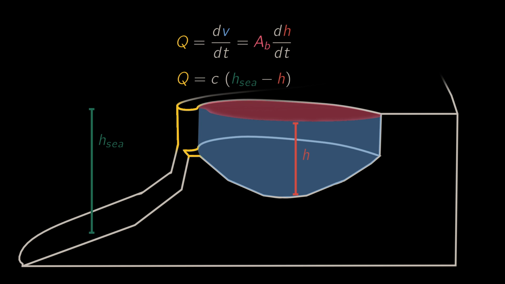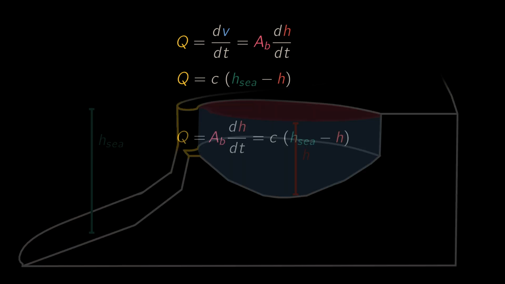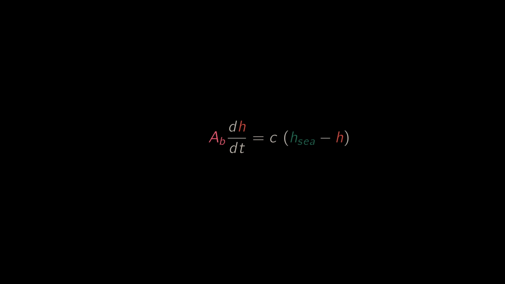Equating the two expressions for Q now gives this equation. Now divide everything by the coefficient c and move h to the left-hand side. Defining the so-called relaxation time tau as A_B divided by c, we get this equation.